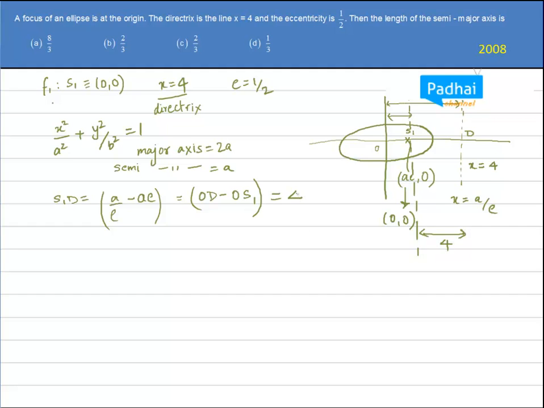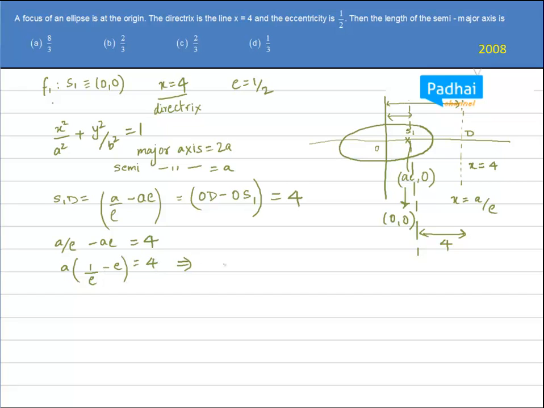This distance is given to you as 4, and you have to solve for a, and what you know is a by e minus a e equals 4. You know the value of e, you just need to calculate a, which is very easy. You can take a common. This will be a times (1 by e minus e) equal to 4.